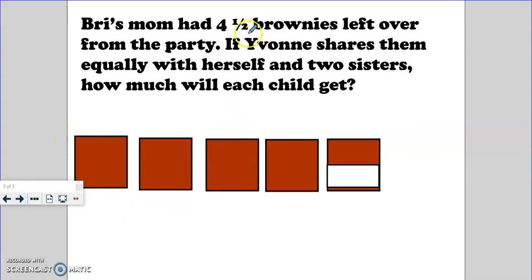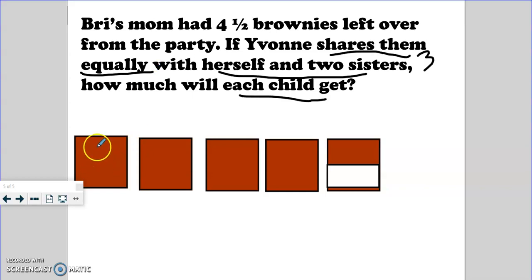Bree's mom had 4 and 1/2 brownies left over from the party. If Yvonne shares them equally with herself and 2 sisters, so that's how many people? That would be 3 people. How much will each child get? She shares them equally. That's the important part.